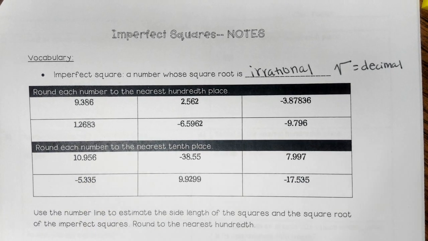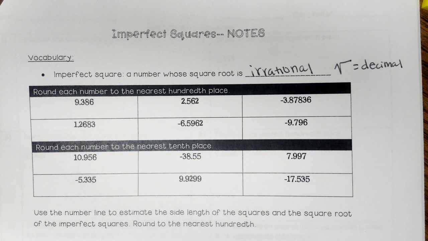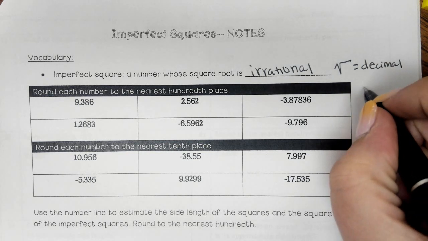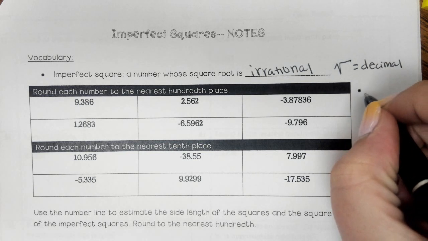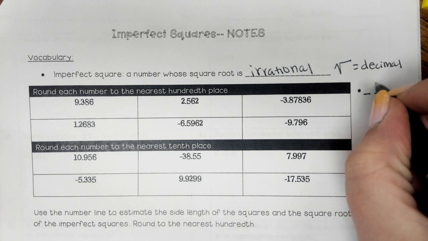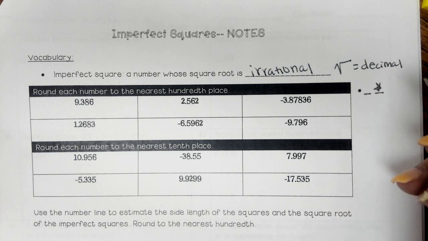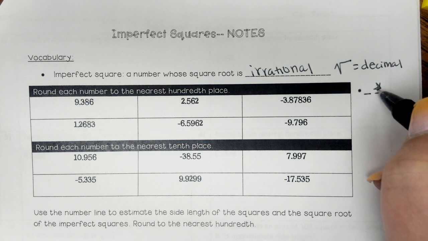First we're going to revisit rounding. In these first examples, we're going to round each number to the nearest 100th place. In the very front of your binders, there is a place value chart. The 100th place is the second one. In order to round to that place, you have to look at the number behind it.